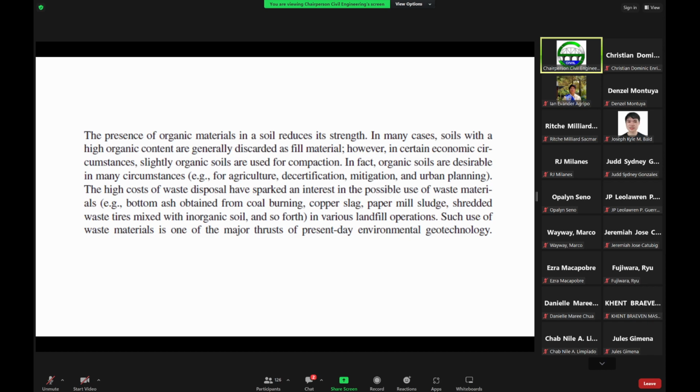However, in certain economic circumstances, wherein you don't have a choice, slightly organic soils are used for compaction.